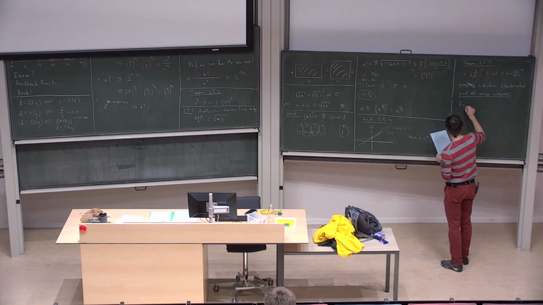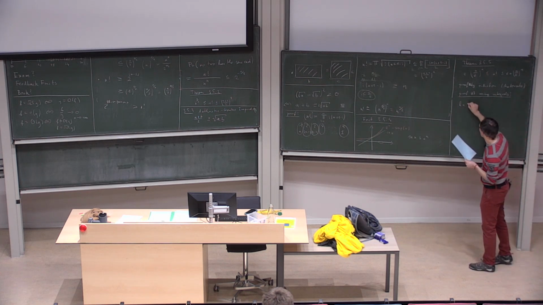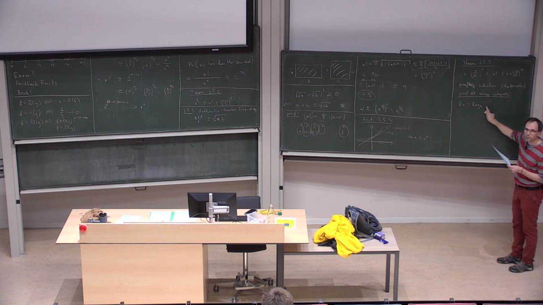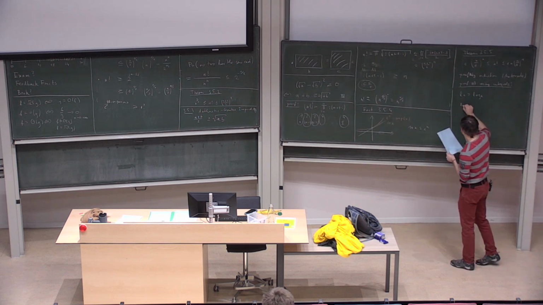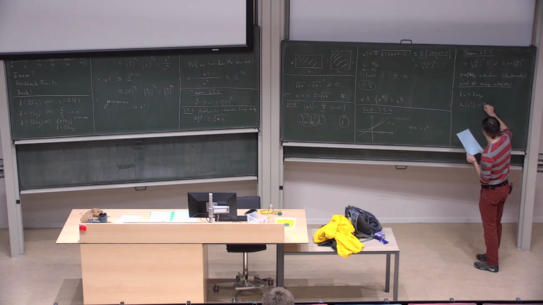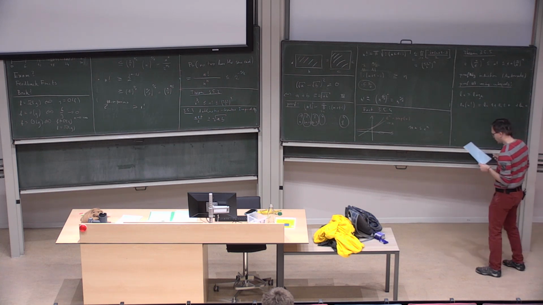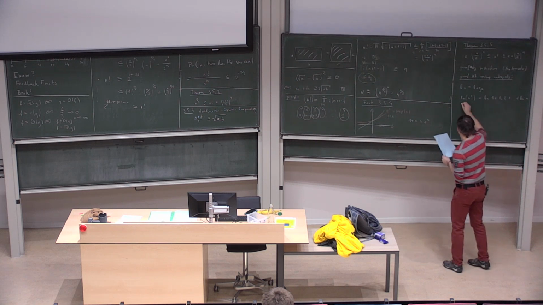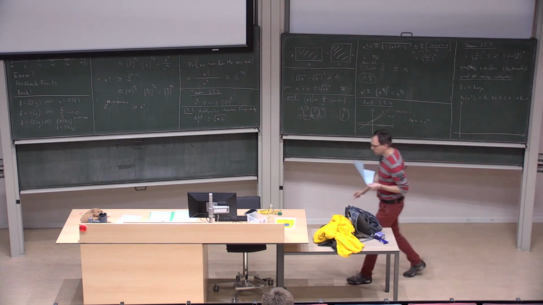Okay, so let's look at the logarithm. Here, the logarithm is to base e, so let me write this explicitly: ln, the logarithm to base e. And then ln of n factorial, we know using logarithm laws, is ln of 1 plus ln of 2 plus up to ln of n. And this we can draw.